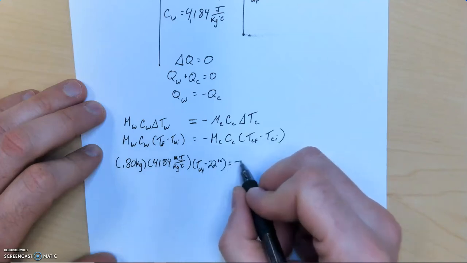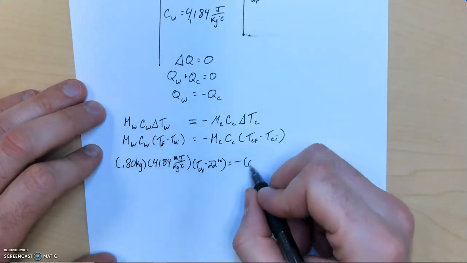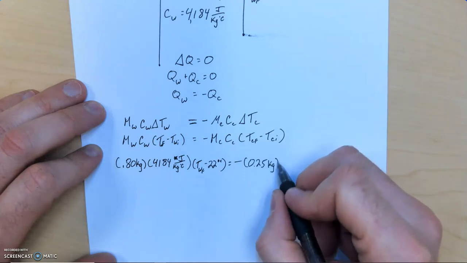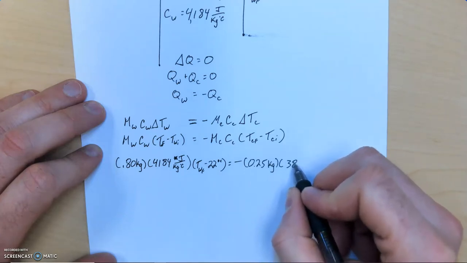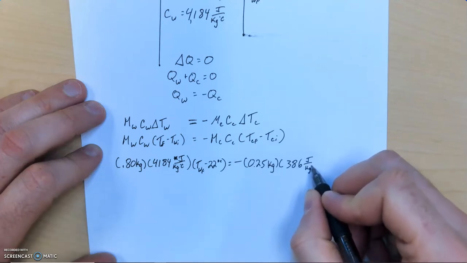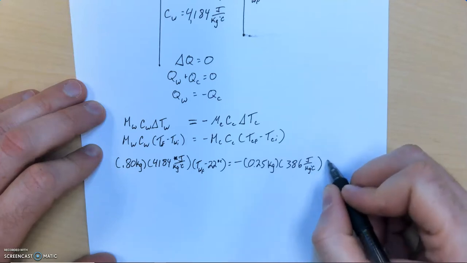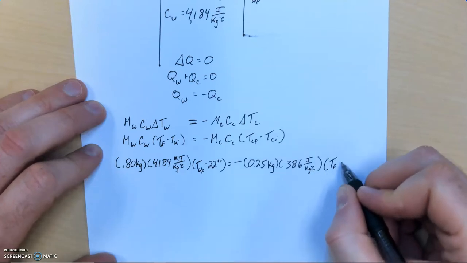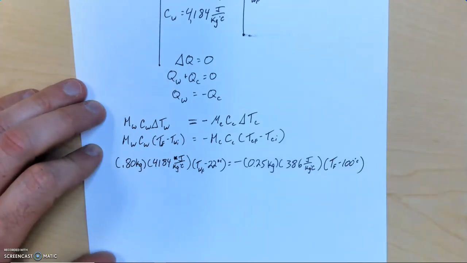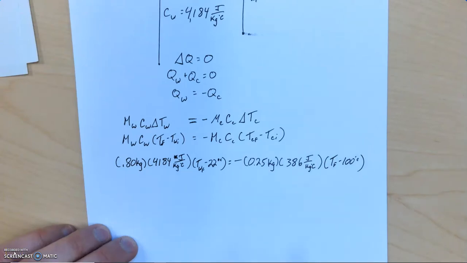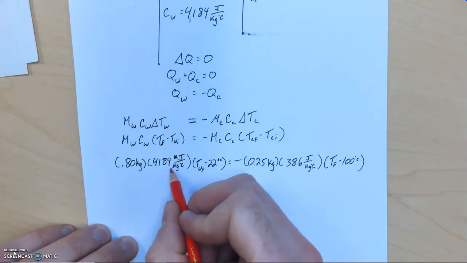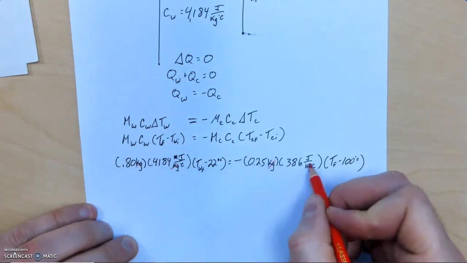It's going to equal, my equal signs are moving, that's okay, 0.25 kg of copper times 386 joules per kg Celsius of copper times temperature final minus 100 of copper. We got a whole lot of stuff, so let's start crossing some things out. We can cross out kilograms because those are going to cancel out.